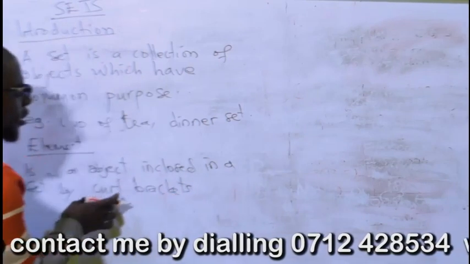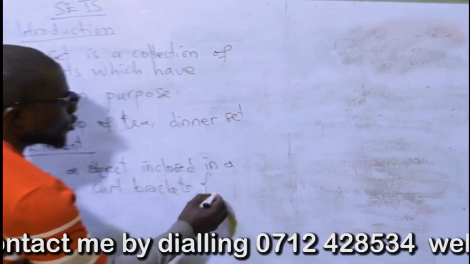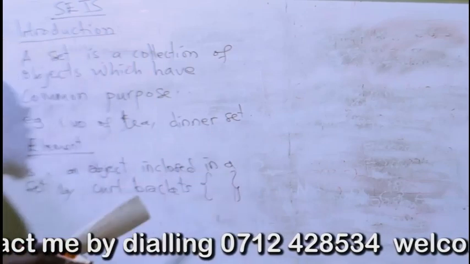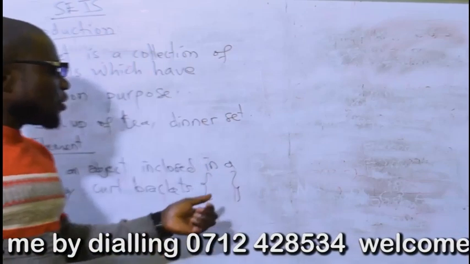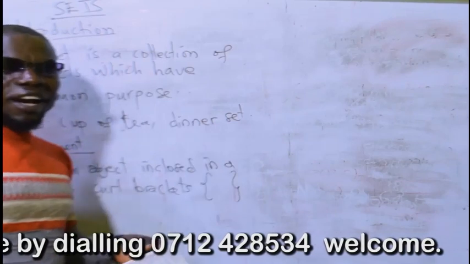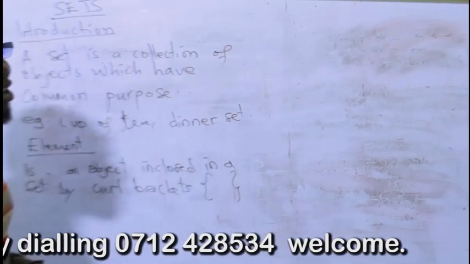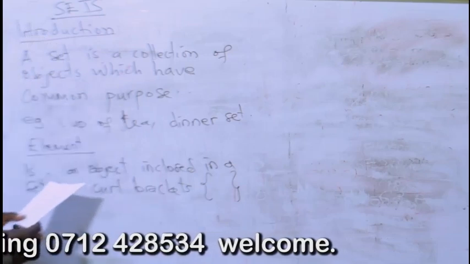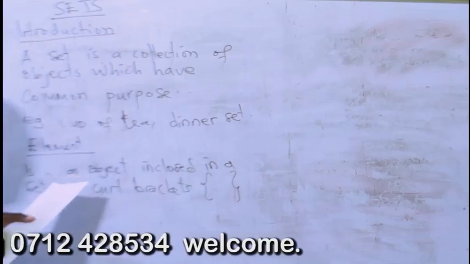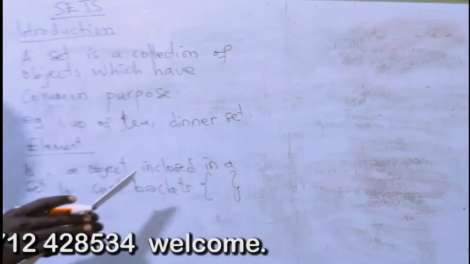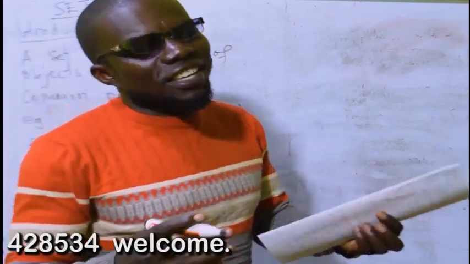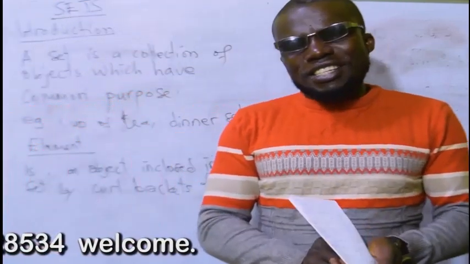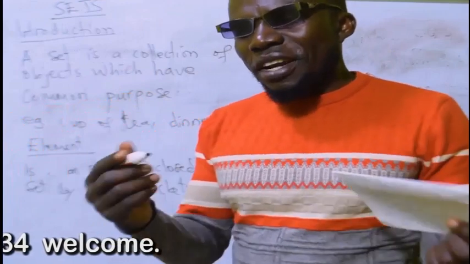And what are curly brackets? The curly brackets look like this. So all objects that can be written inside the curly brackets are called the elements. Another term to understand is how we can present a set. How can we write it?